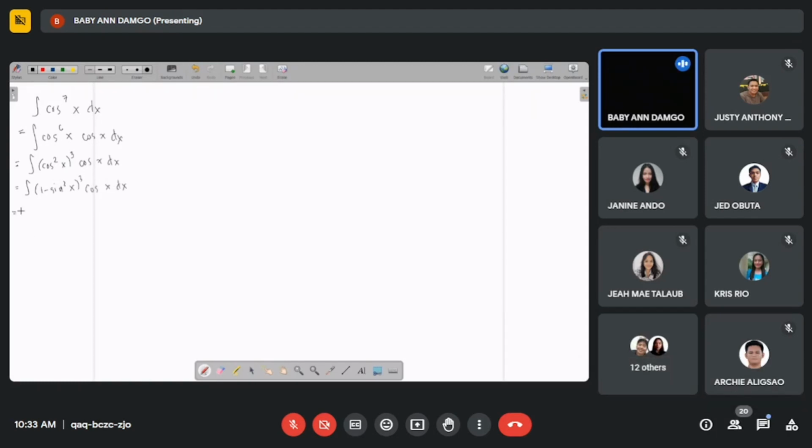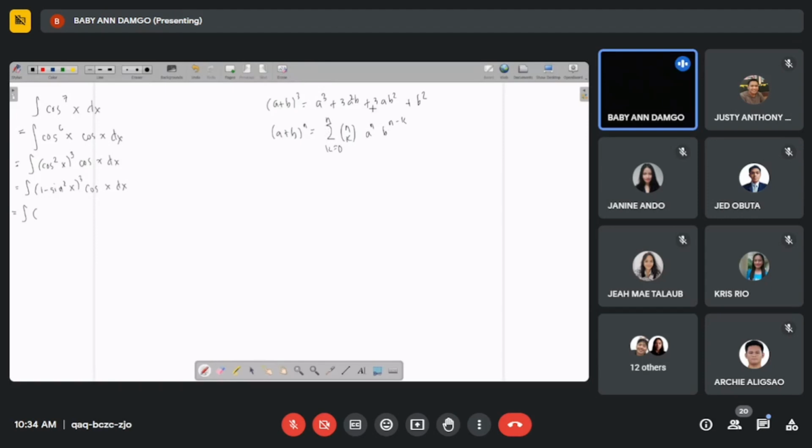Now, we will expand. So the formula, class, for a plus b cube is a cube plus 3a squared b plus 3ab squared plus b cube. So what about the binomial? We have a plus b to the n is equal to the summation of n taken k, a to the n minus k, b to the k, where k here is equal to 0 to n.